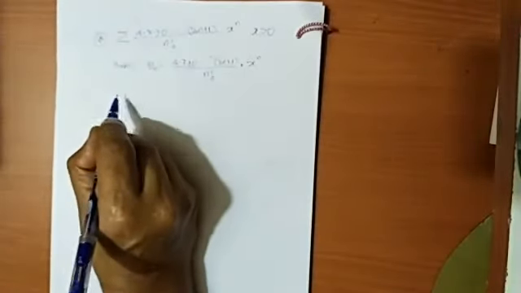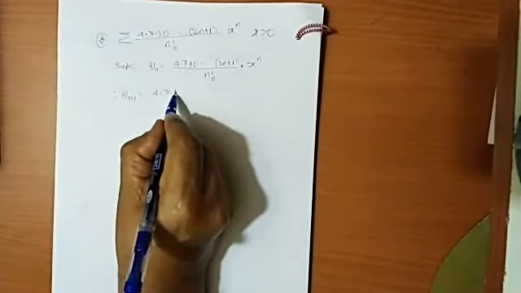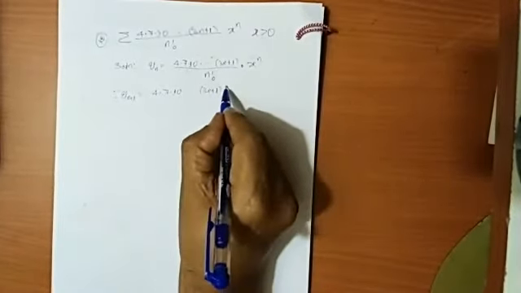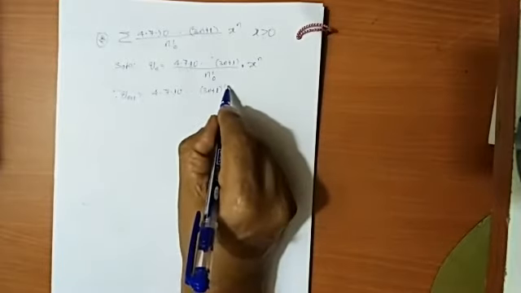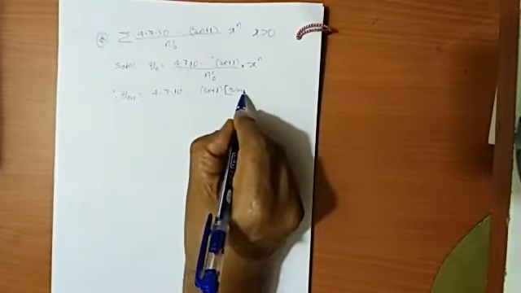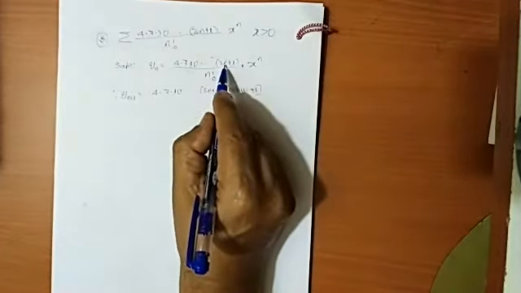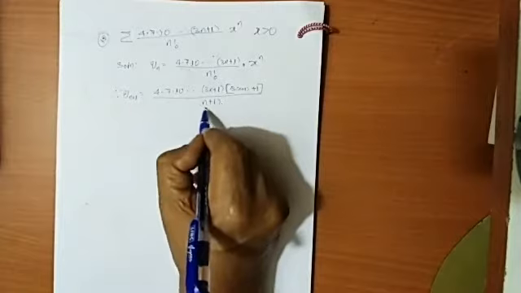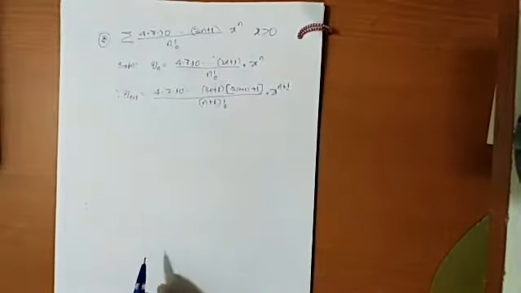Now what will be u_{n+1}? It is 4 into 7 into 10, and so on, into 3n plus 1, into, I have to replace this n by n plus 1. So what do I get? It is 3 times n plus 1, plus 1, divided by, instead of n, n plus 1 factorial, into x raised to n plus 1.